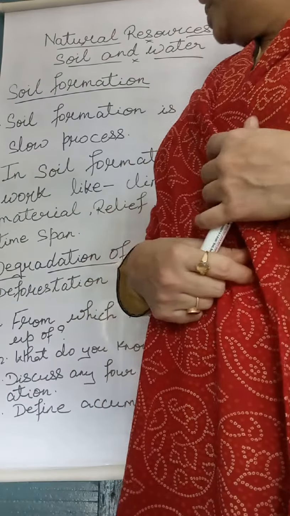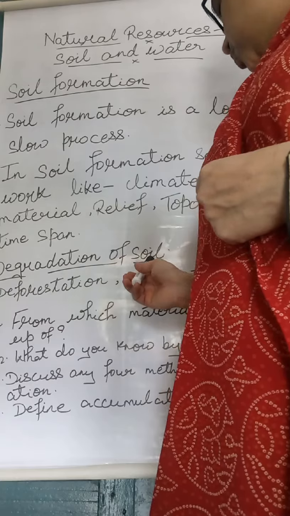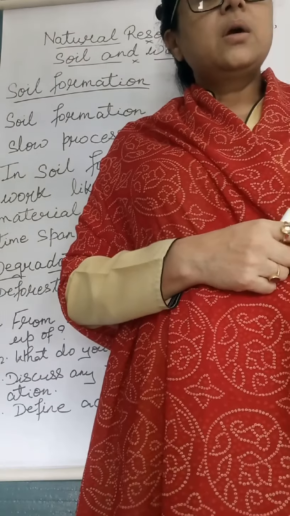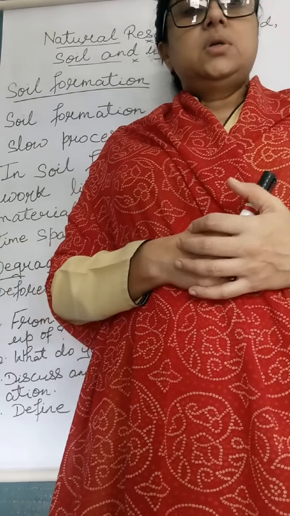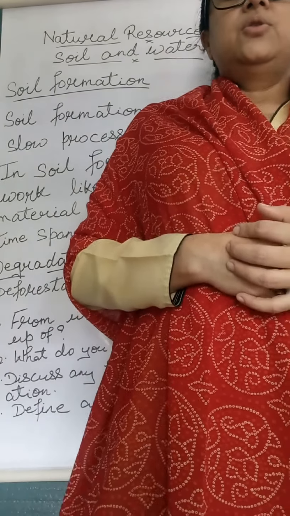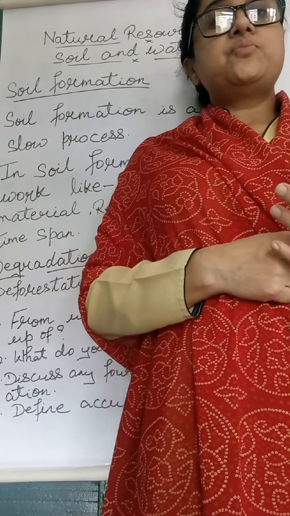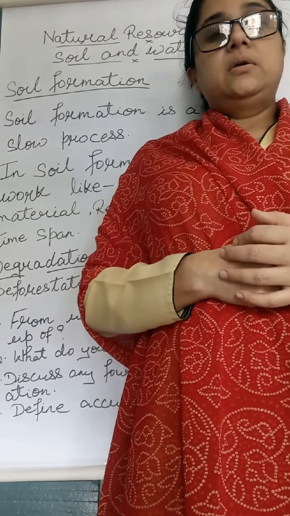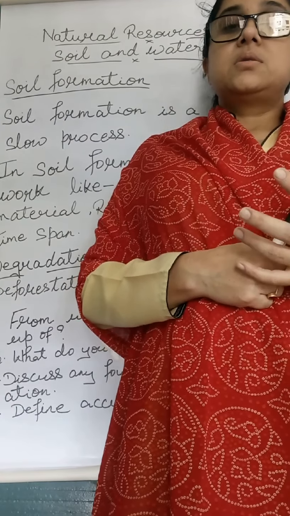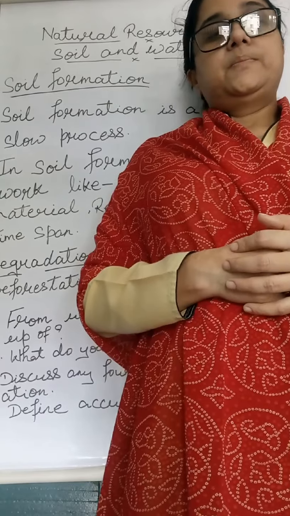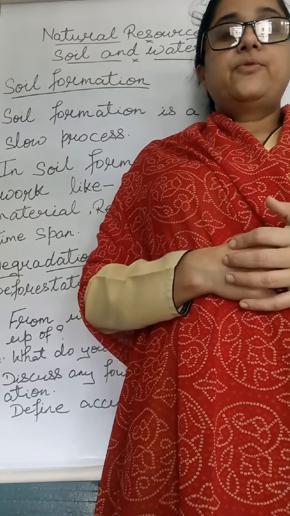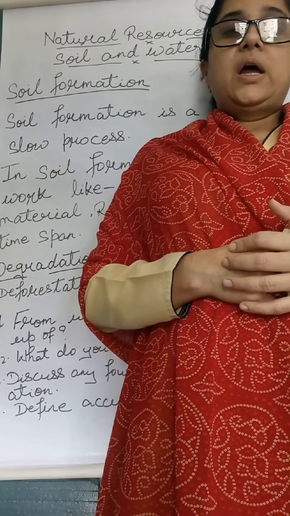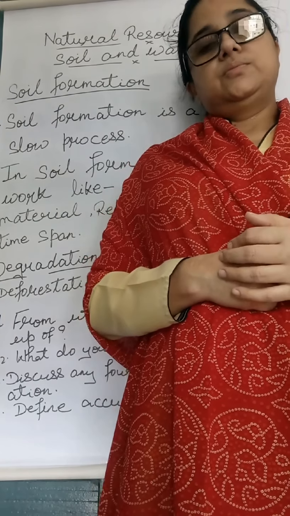Now, degradation of soil. Degradation of soil means decline of soil. How we are using this soil, in which manner, that day by day its fertility is destroyed. Soil is essential for agriculture and plant growth.